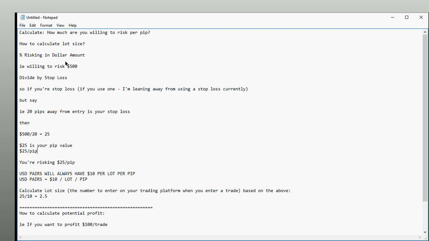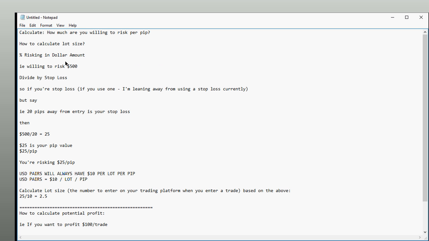Whatever your account balance is, if it was $1,000 and you wanted to risk 2%, you'd be risking $20 per pip. So the numbers will change.